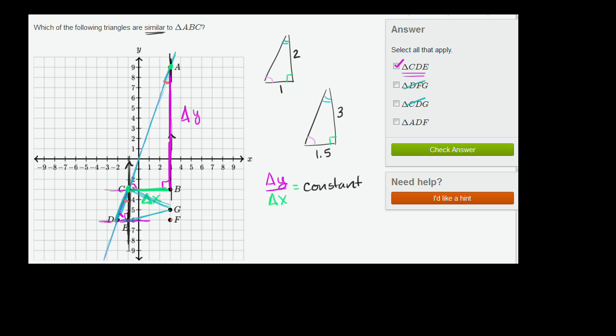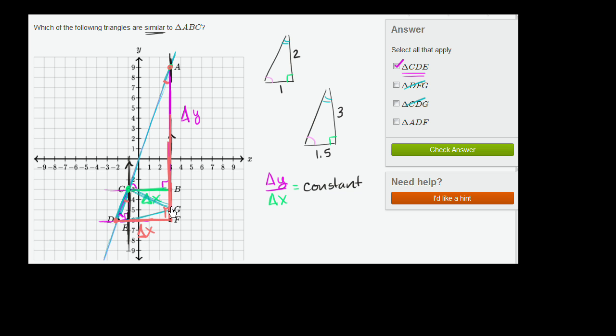So ADF. Well, once again, it's a right triangle between D and F. It's your change in x going from D, so D is at -2, A is at 3. This right over here is your change in x. You literally had to go 5. This length right over here is 5. And then this right over here is now a vertical line.